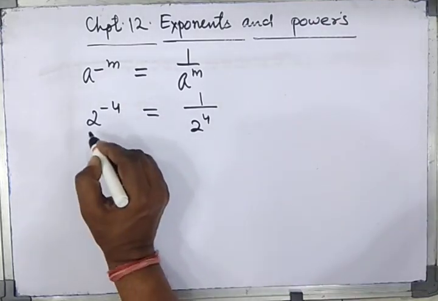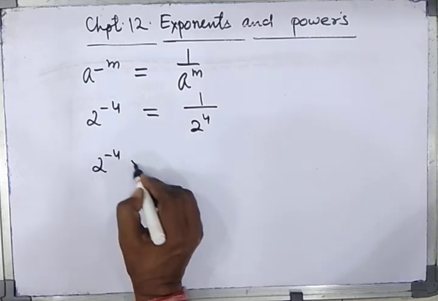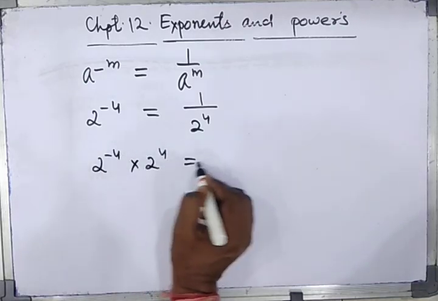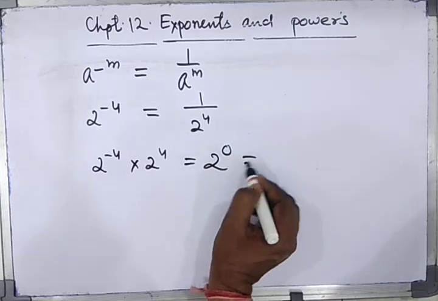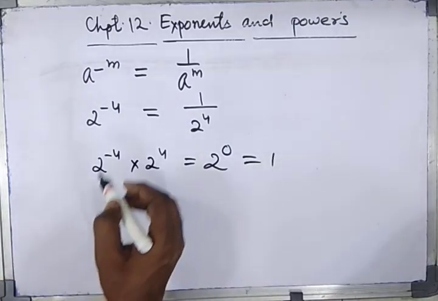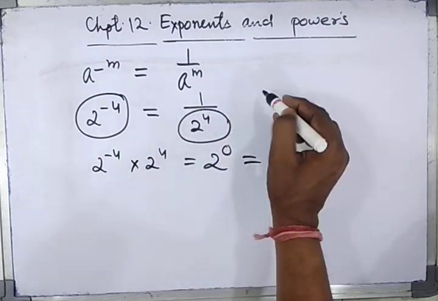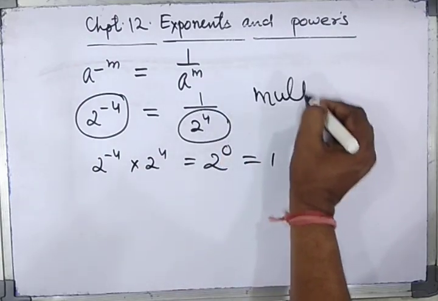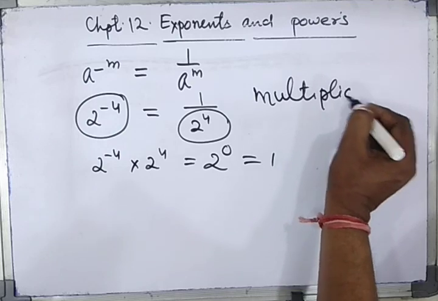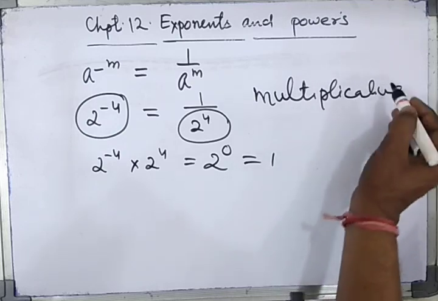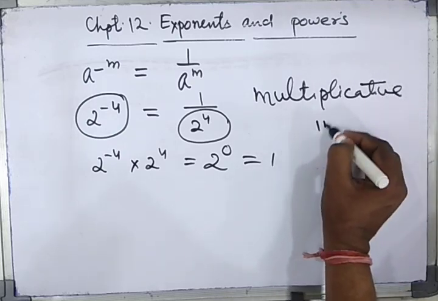If we multiply 2 raised to minus 4 into 2 raised to 4, we will get 2 raised to 0, which is equal to 1. So 2 raised to minus 4 and 2 raised to 4 are known as multiplicative inverses.